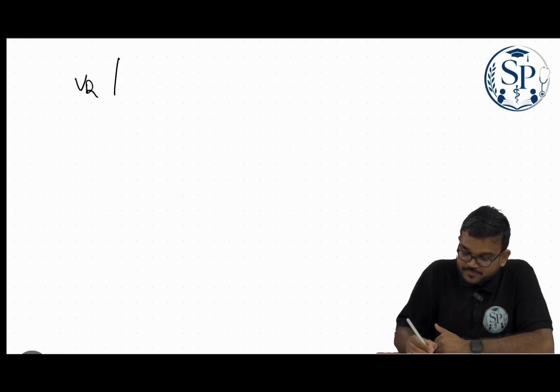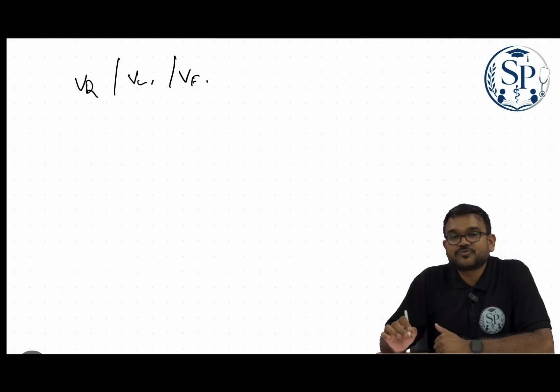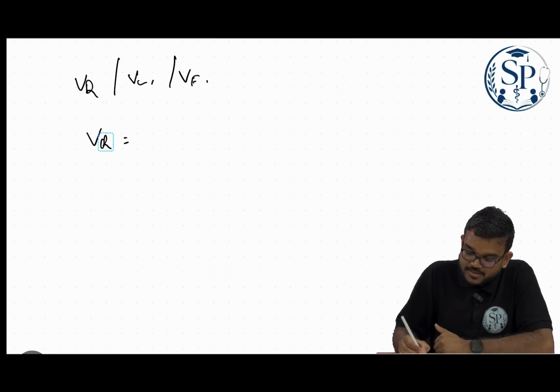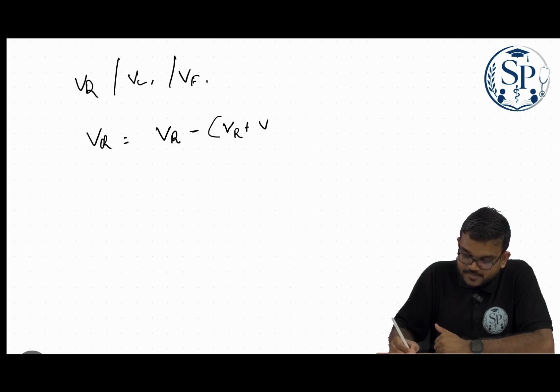Okay, so now what will happen if you put VR, VL or VF? Suppose we try to record on the right arm only, VR, then VR minus (VL plus VF).